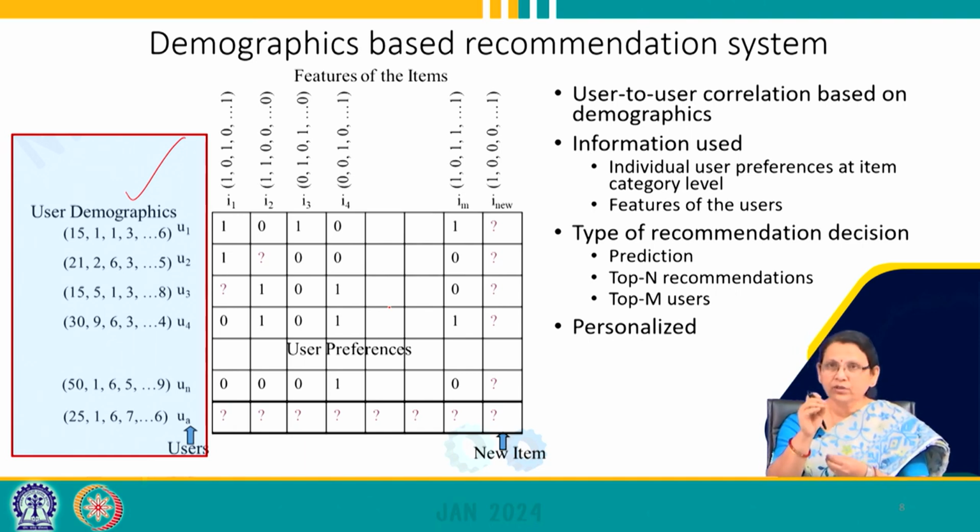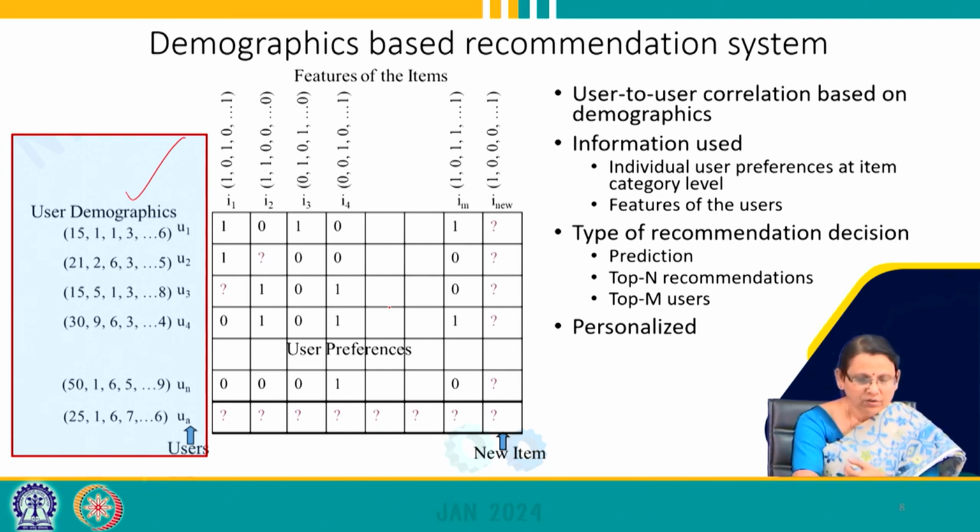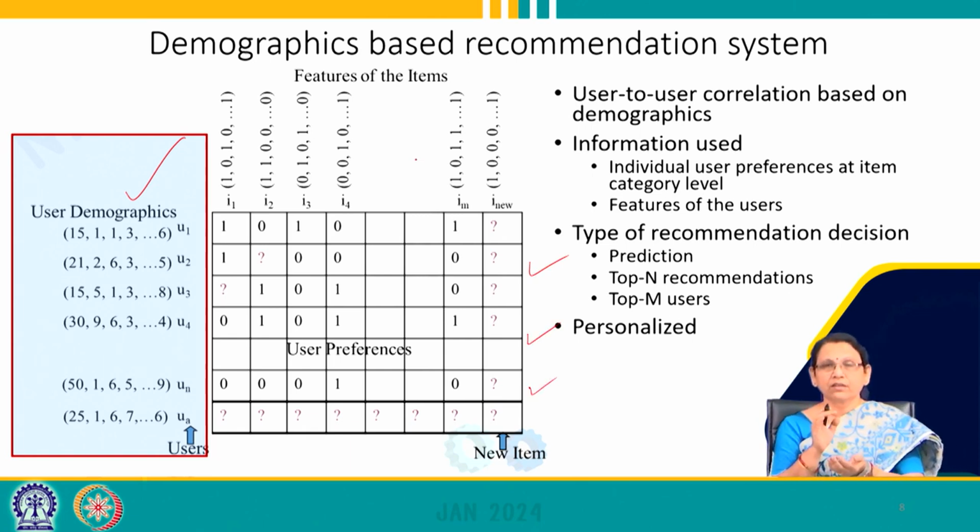On an individual genre level, we have to use some technique, so that from this rating matrix and the item features we can collectively determine the likely preference of the user at the item category level.